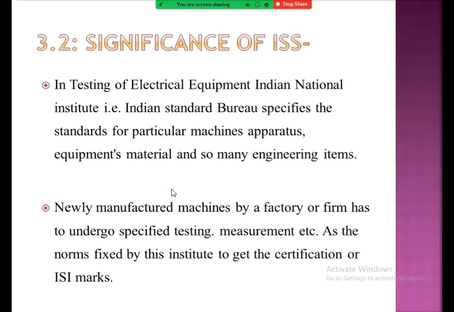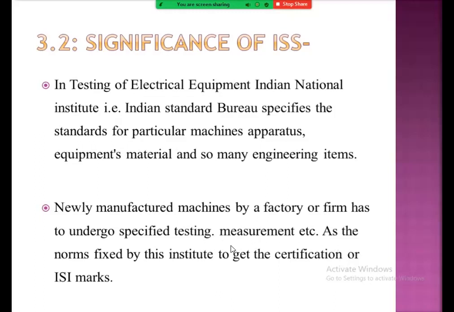Newly manufactured machines by a factory or firm have to undergo specified testing. That means every machine should undergo testing, measurement, etc. All these things should be done before the machine goes for certification.